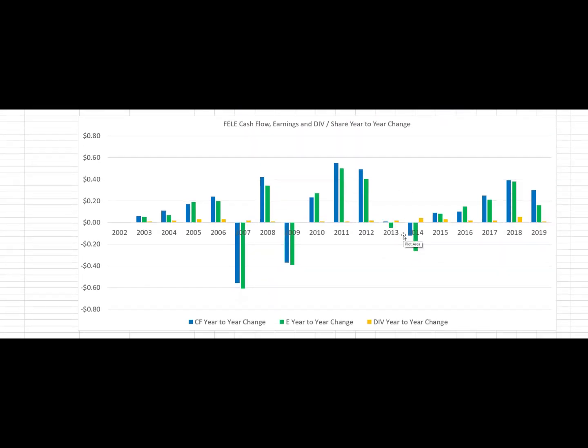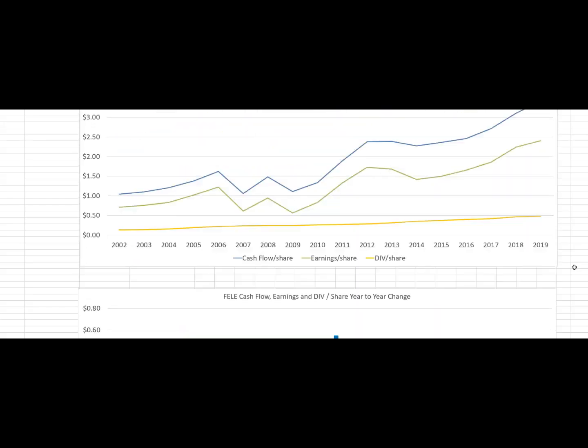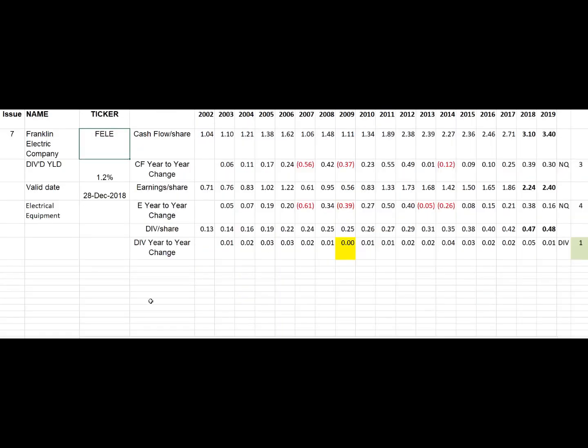And that becomes much clearer when we look at the year-to-year changes. So all positive out here until we get to the 06 to 07 point where you have their first set of negatives. Then you have some more negatives dropping them out on the cash flow or the earnings, but they remain positive for dividend per year.